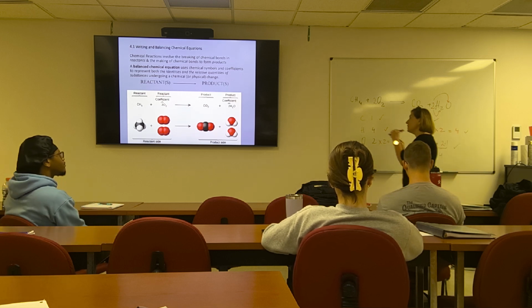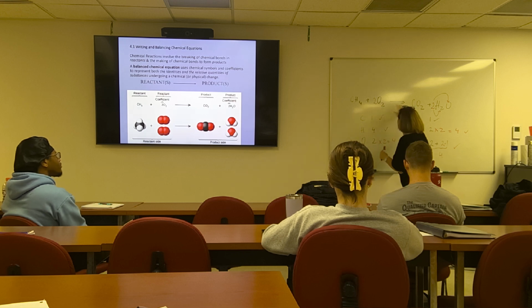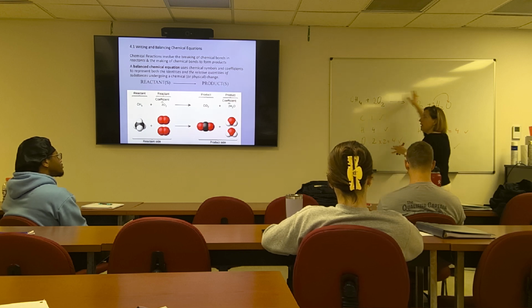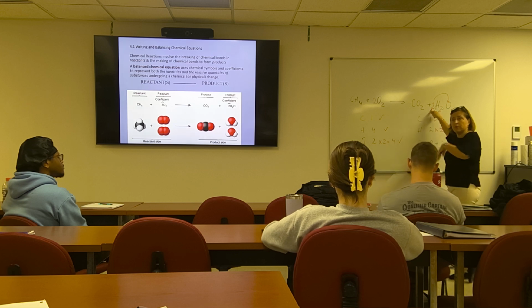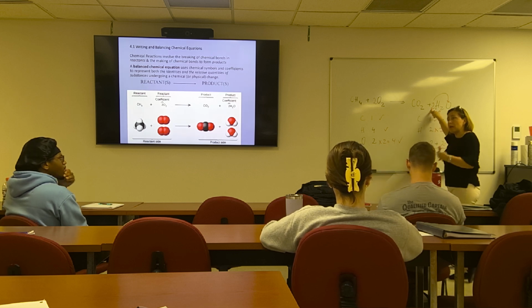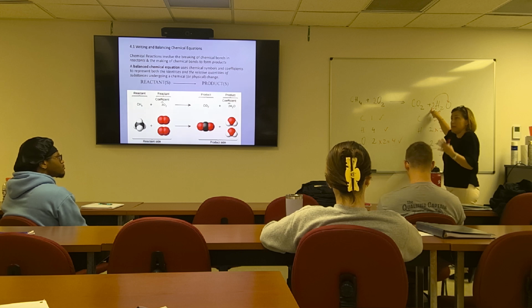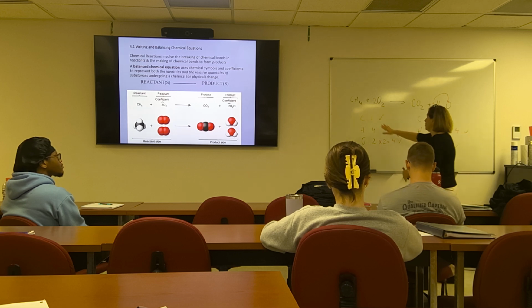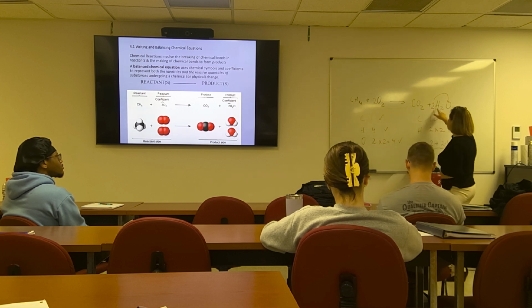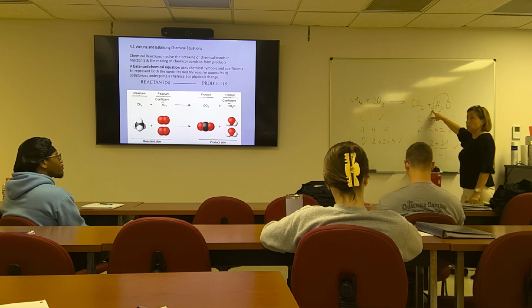Remember that this balancing is a back and forth process. You make a move here, then you check again. And sometimes the coefficient that you put might not be the right one. You erase it, you put another one. It's trial and error. There's not a set in stone method that's going to say, okay, this is the only way to do it. So I would say, okay, I see the 4 and I see the 2 for hydrogens, so I'm multiplying water by 2. Okay, that checks one.